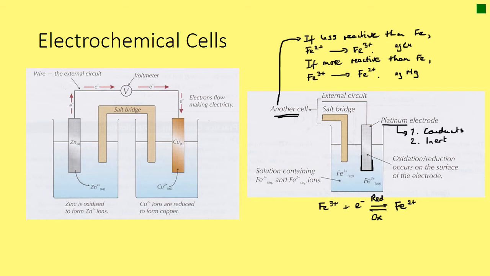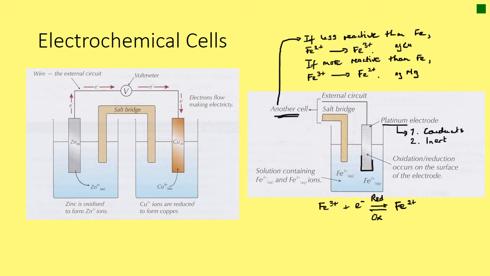However, if the other metal is more reactive than iron, then the opposite happens. You're going to get Fe3+ being reduced to Fe2+ at this electrode.